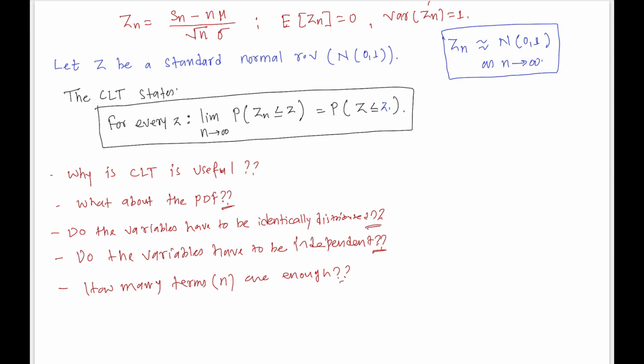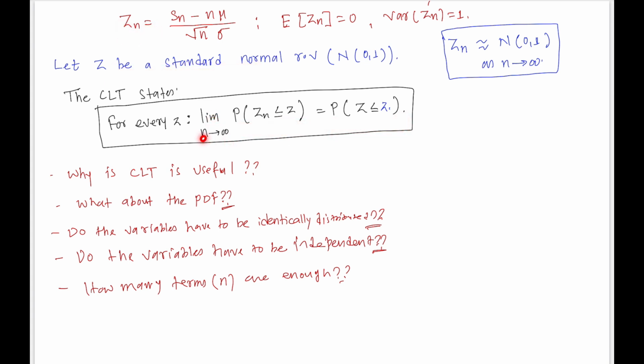So what exactly this central limit theorem states is that as you increase n, or for a large value of n, the cumulative distribution function of this random variable Zn, that is the CDF of Zn, converges to the cumulative distribution or the CDF of the standard normal random variable, right?